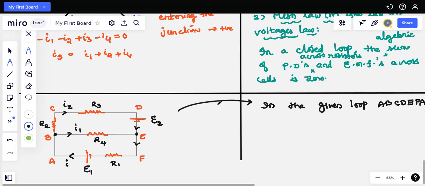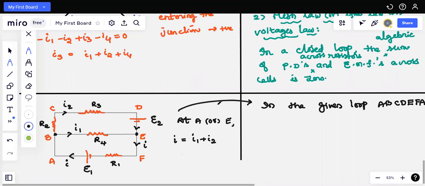So according to the junction law, we can write I equals I1 plus I2 at any junction, either at A or at E.